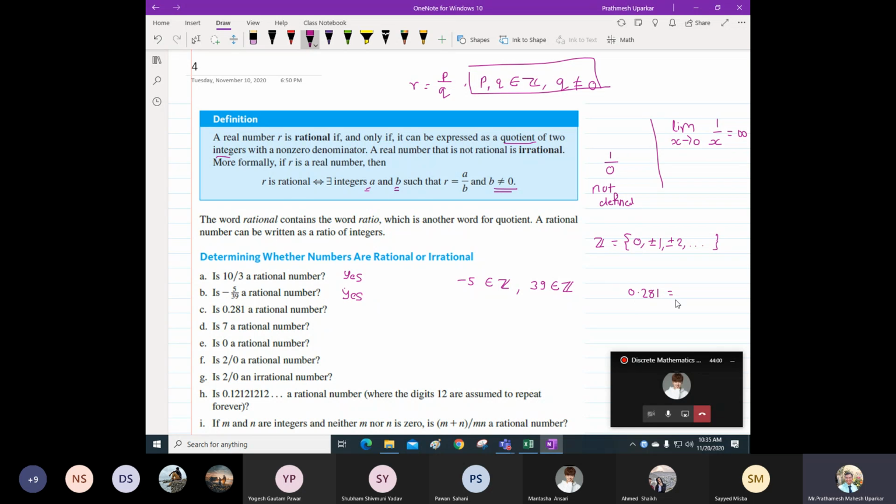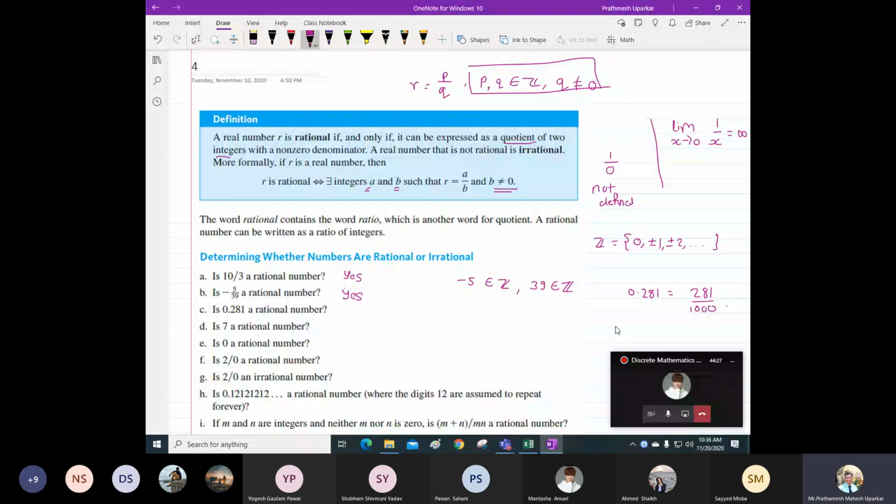Can I write 0.281 is equal to 281 upon 1000? Think and tell me. Calculator लेके रखो. Calculator is allowed in exam. What is 281 upon 1000?